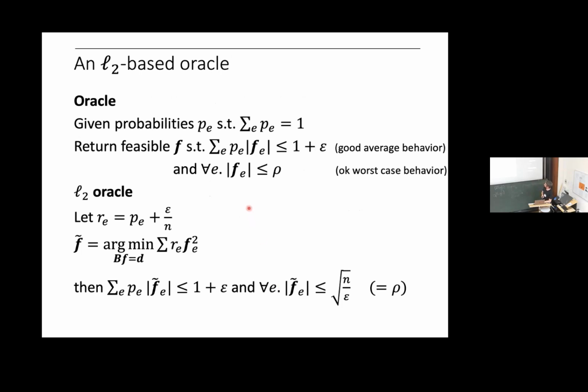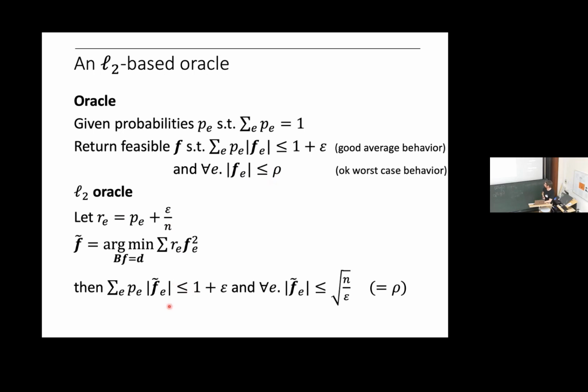Okay, and then what is the oracle? The starter oracle, not the one that gets acceleration, is that you take an electrical flow with respect to these probabilities plus a little bit of a regularizer, just so it can't go all the way down to nothing. And that regularizer will help make sure that no edge has too much flow on it.